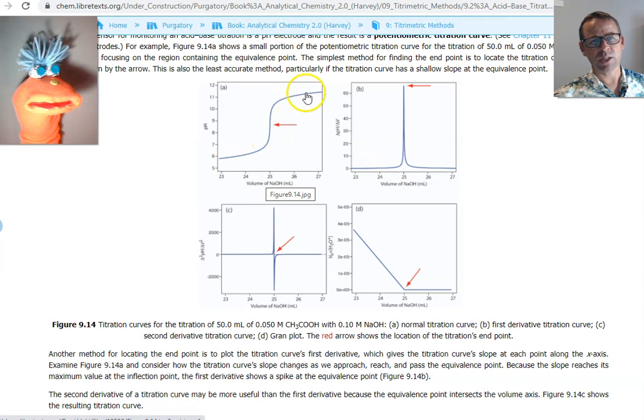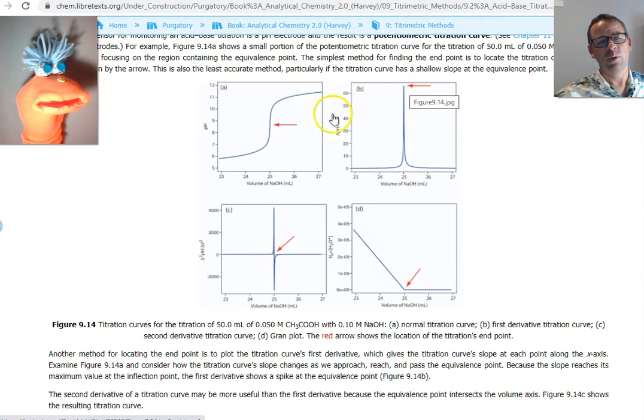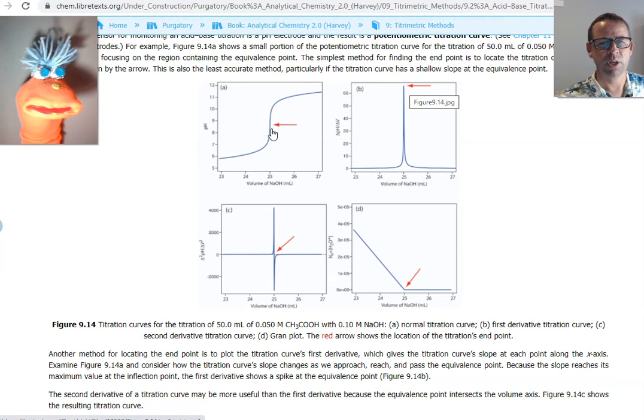And then as you begin to decrease your slope change, you would see this sort of peak if you plotted, again, the derivative versus the volume of sodium hydroxide added. So that peak there helps you identify where the endpoint in our titration is.